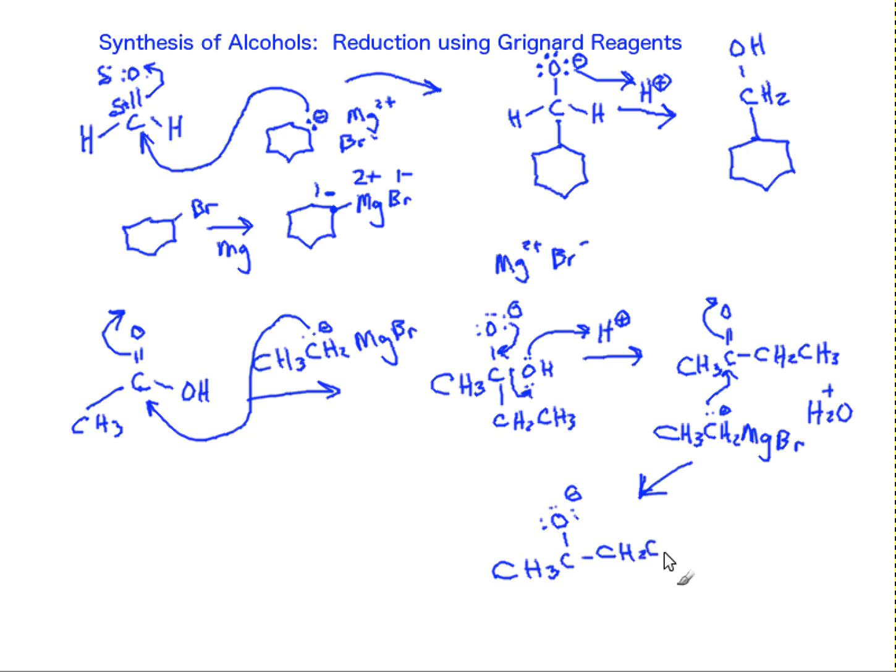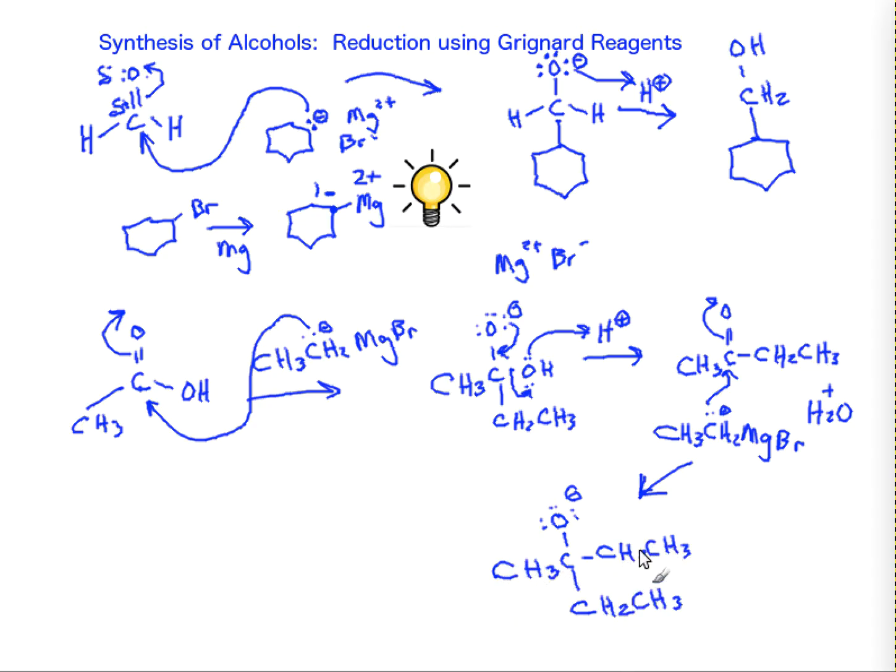Here's the first ethyl group that we attached in the first step. Here's the second ethyl group that we've attached in the second step. Alkoxide intermediate, can it reform a carbonyl? No. Bad leaving group.